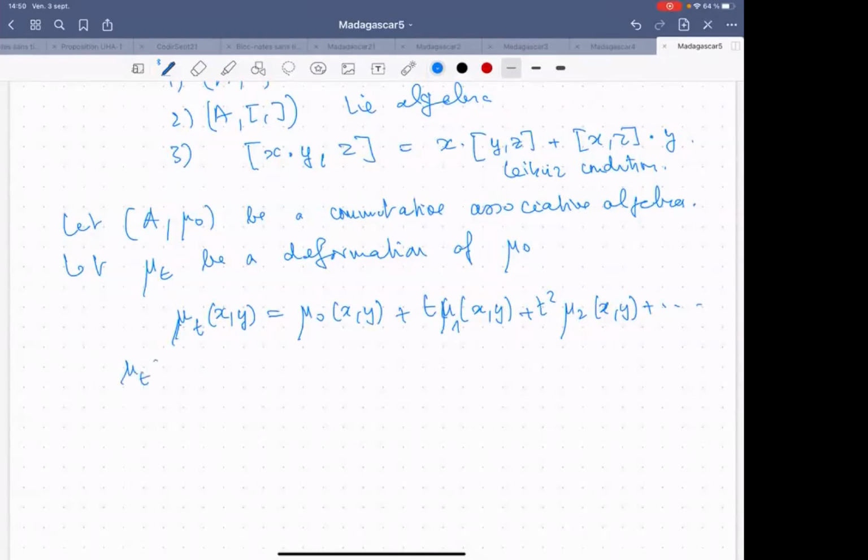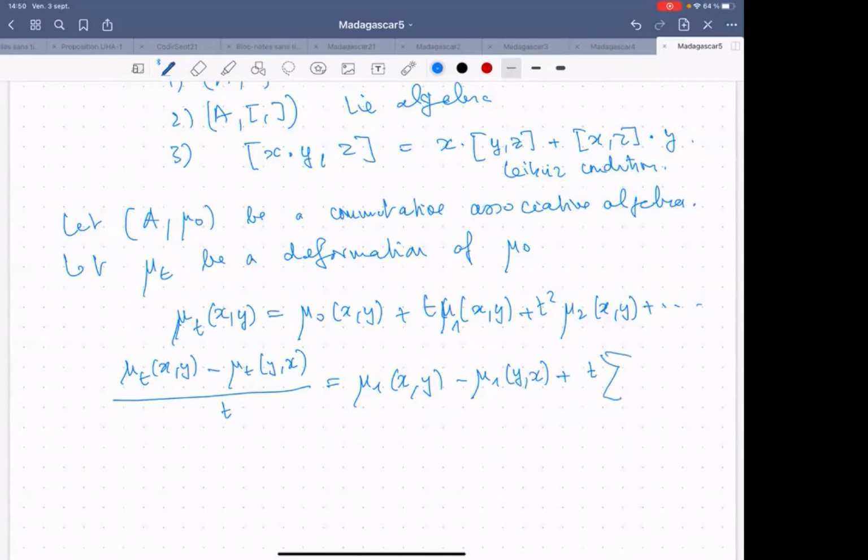If I take mu t of xy minus mu t of yx, and I divide this by t, what I get here is mu1 of xy minus mu1 of yx plus the sum of mu i of xy minus mu i of yx times t to the i minus 1, with i running from 2 to infinity.